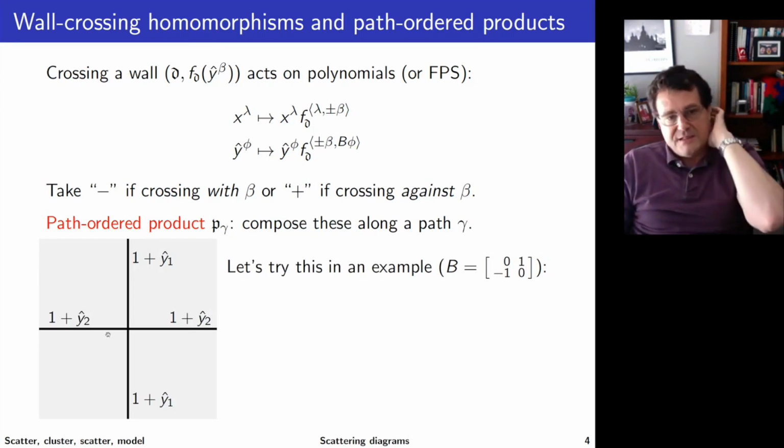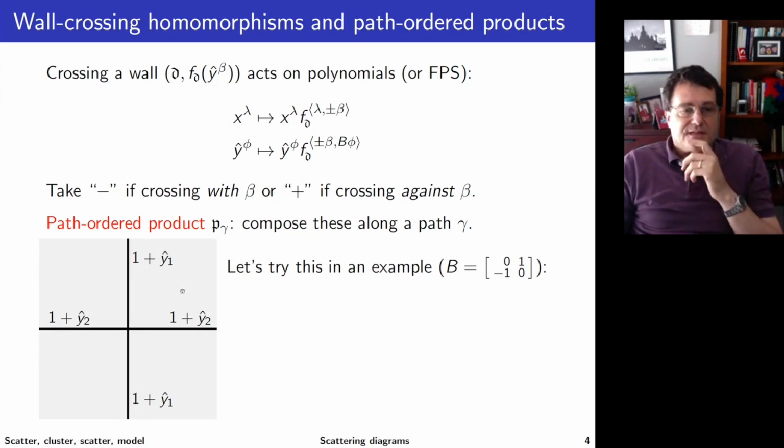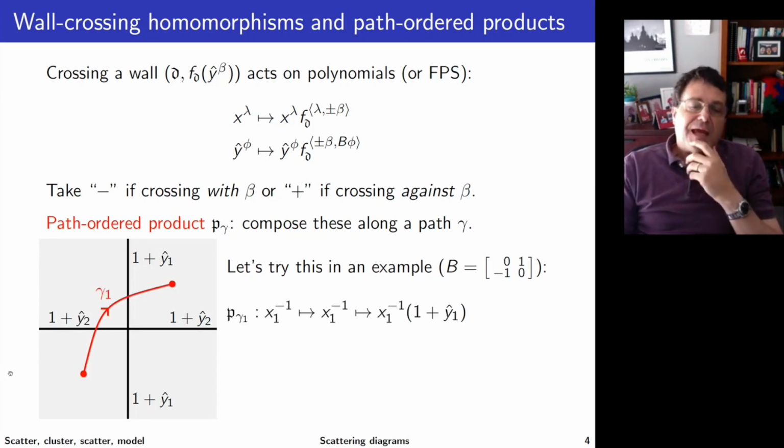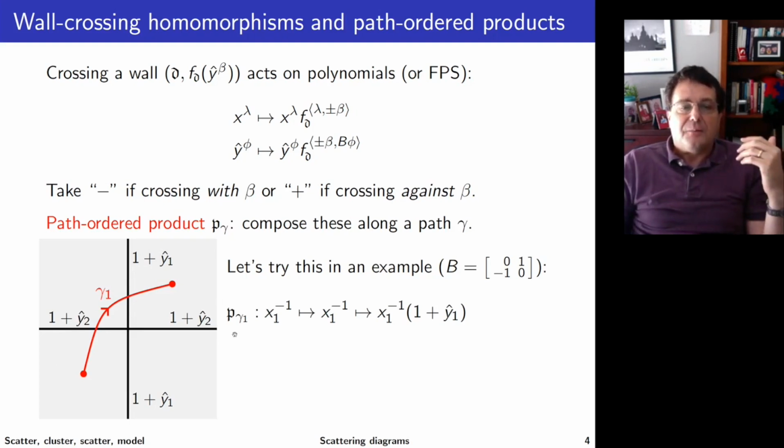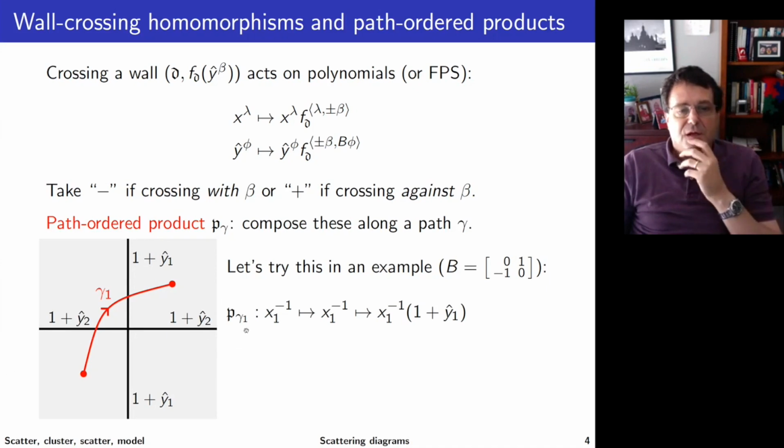This here on the left could be my scattering diagram. You can see some walls with some scattering terms written, a fairly simple example. If I want to apply the path-ordered product given by gamma 1, shown in the picture, to the monomial x1 to the minus 1: in that first instance, I cross a wall and nothing happens. This minus 1 is really a vector.